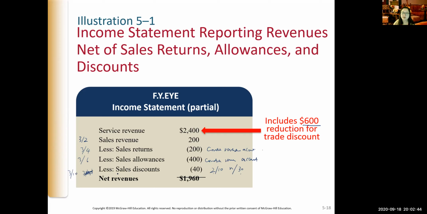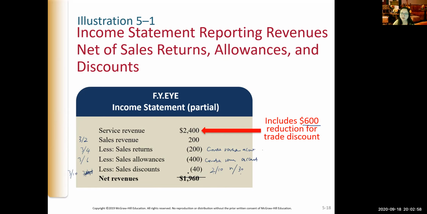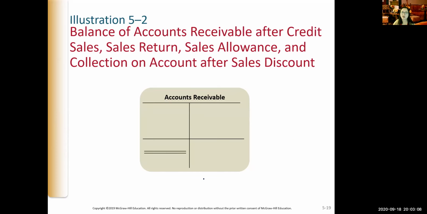So the customer enjoyed an extra 2% discount on the amount they owe, which is $2,000, giving them a $40 discount. At the end, the net revenue is only 1,960. So let's look at what happened to the accounts.